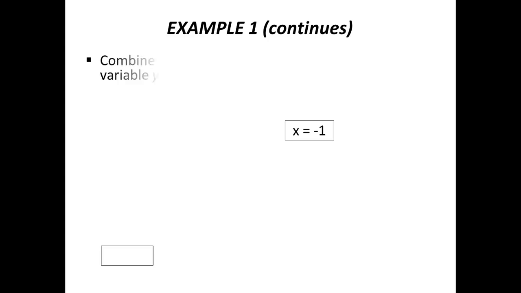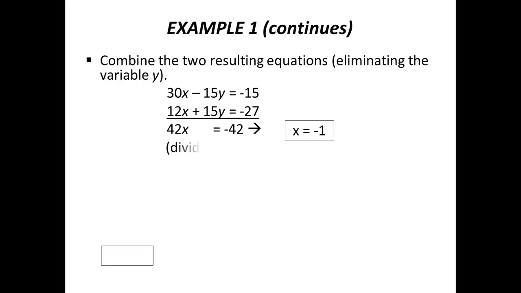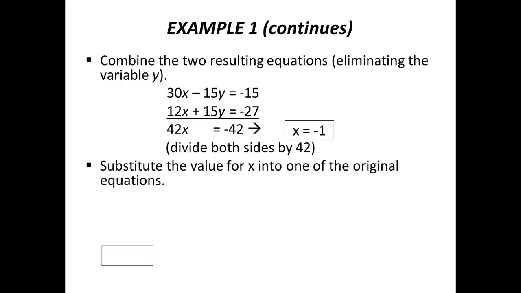Example 1 continued. Combine the two resulting equations. 30x minus 15y equals negative 15, and 12x plus 15y equals negative 27. Notice that when we add these two, the y variable is eliminated from the system. This leaves us with 42x equals negative 42, and dividing by 42 gives us half of our solution, x equals negative 1.